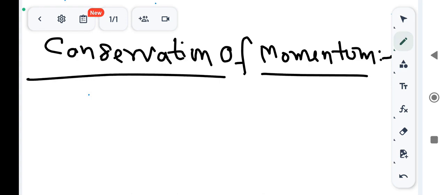According to the law of conservation of momentum, total momentum of an isolated system is conserved.